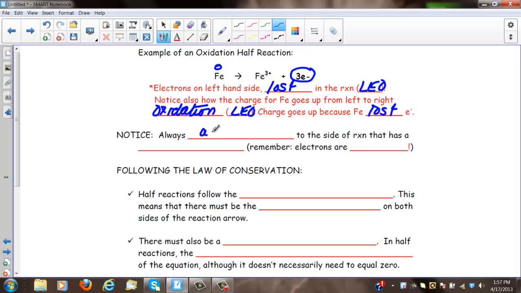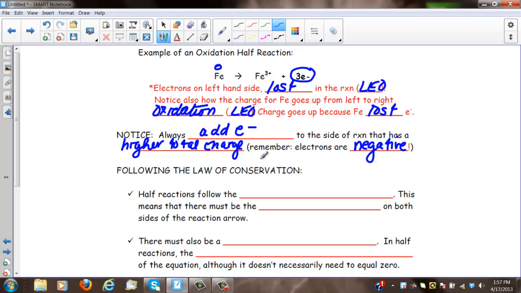Always add electrons to the side of the reaction that has a higher total charge. Remember, electrons are negative.